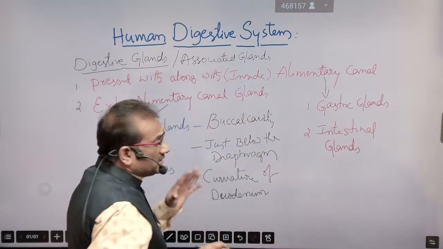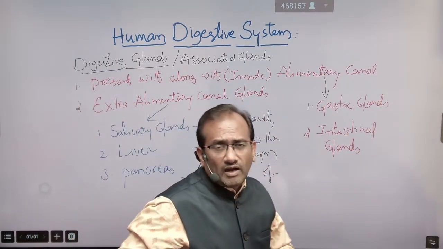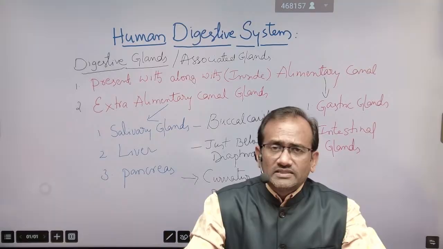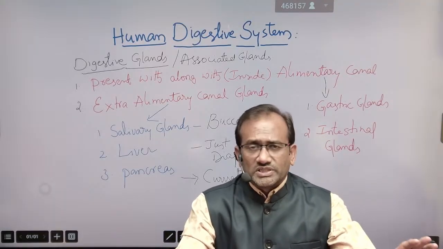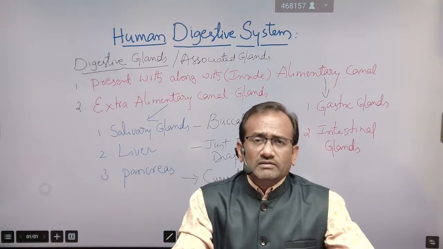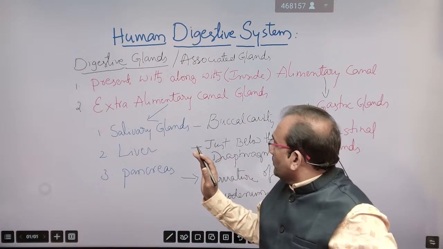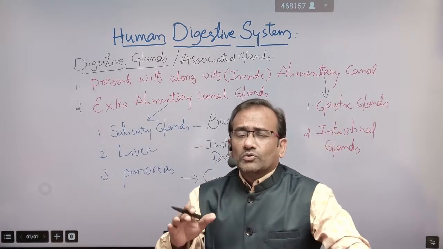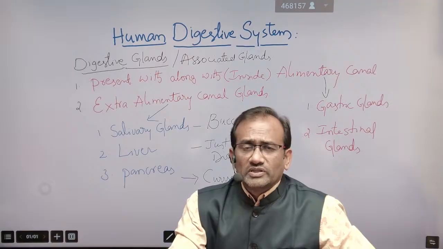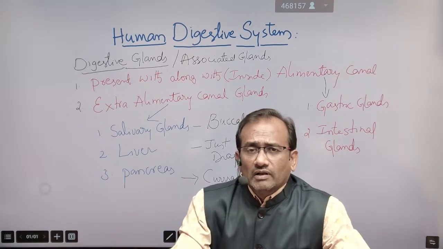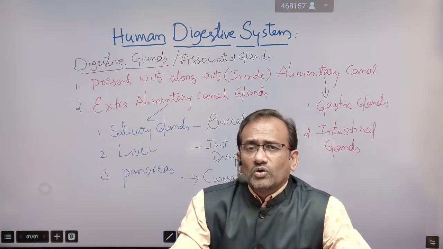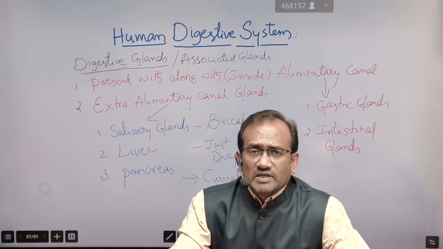So these are the digestive glands or associated glands with the human digestive system. Today in this session, we will discuss as many of the glands as possible. We will try to understand all the glands. Within the 1 hour, whatever we can discuss, and tomorrow the remaining part we will discuss.